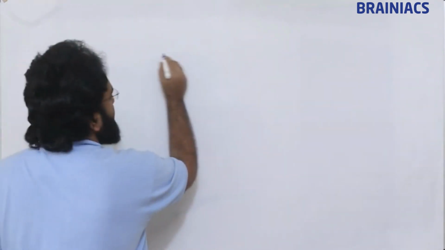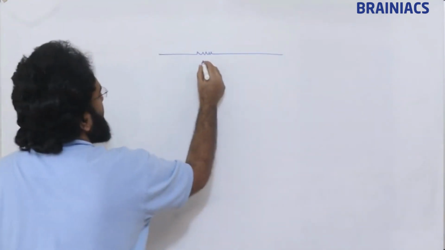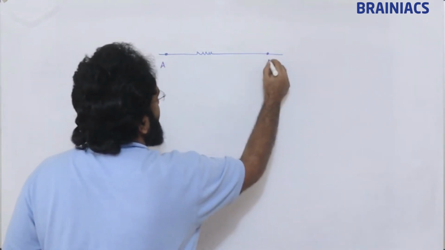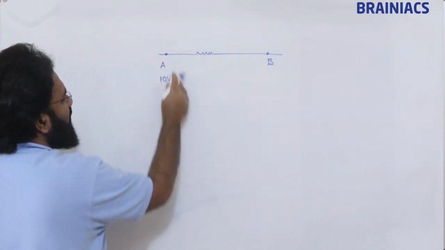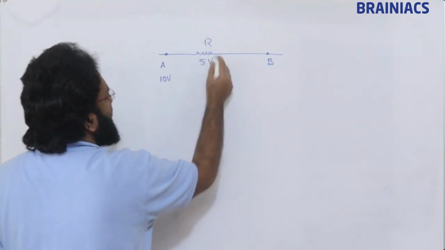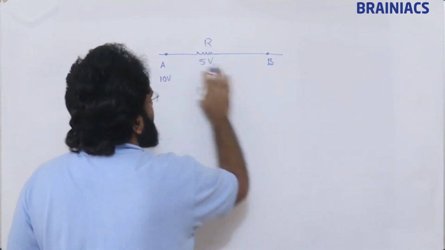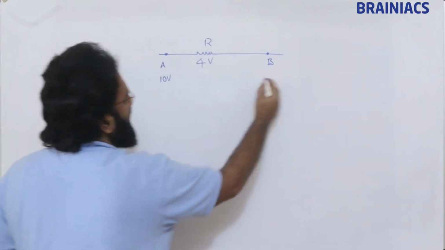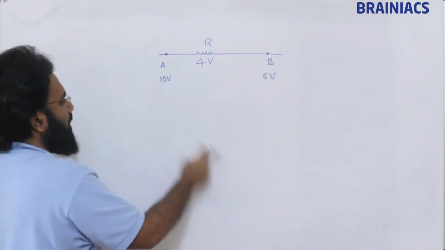I will give an introduction. Suppose this terminal is A, this terminal is B. If this is 10 volt, and this resistance takes 4 volt, the remaining voltage at B is going to be 6 volt.